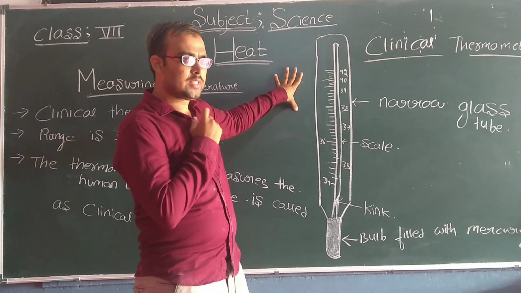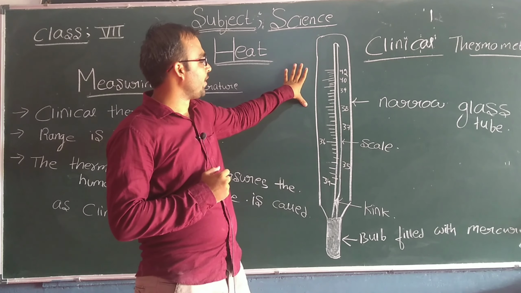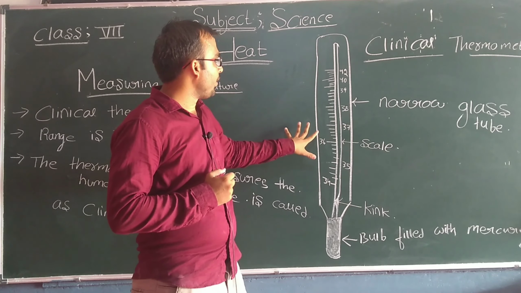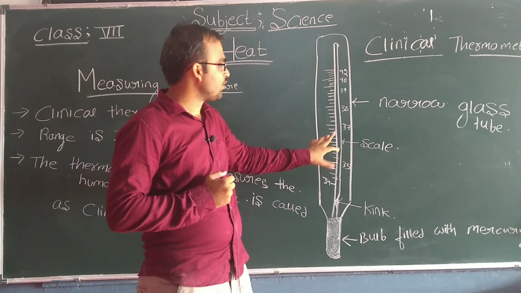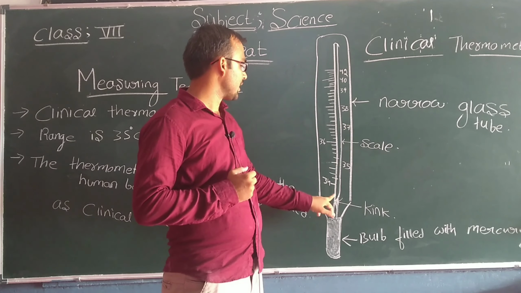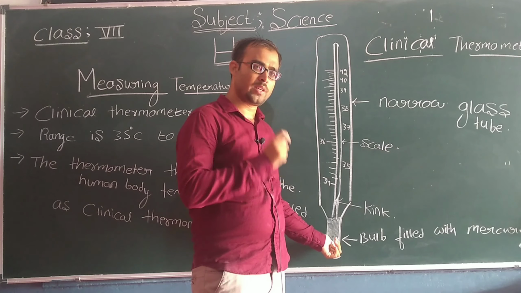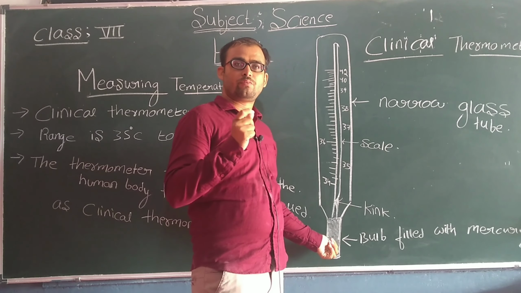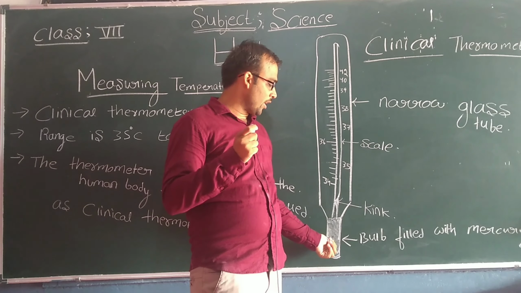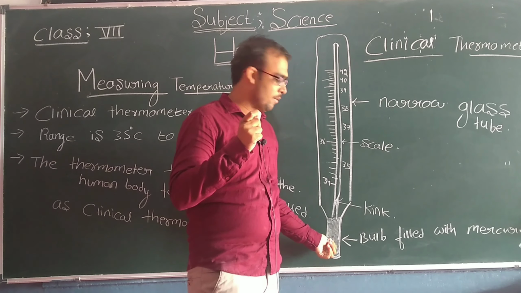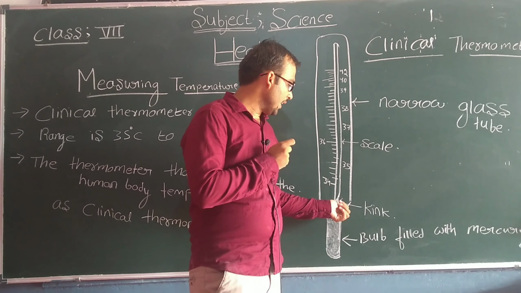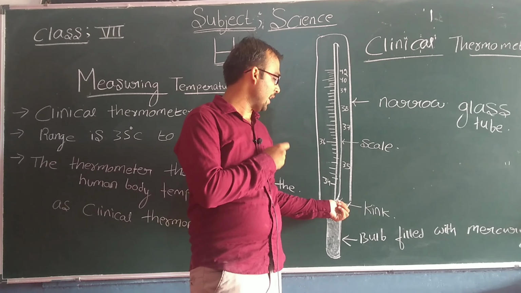Once again, the clinical thermometer consists of a long narrow glass tube. This is a scale. At the end of the glass tube there is a bulb. This bulb is filled with mercury. Mercury is a liquid metal. There is a pin at the neck of the glass tube.